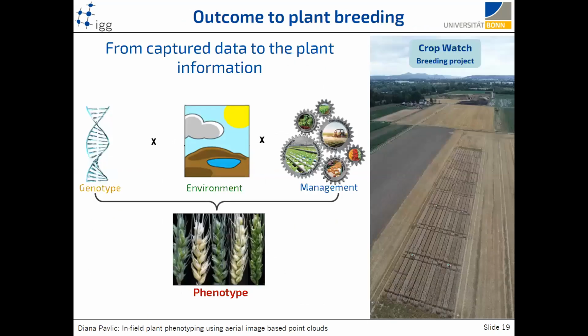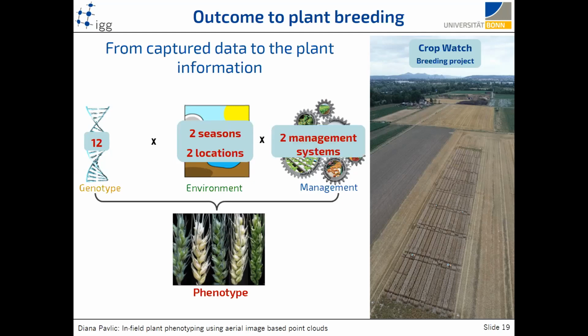Talking about what we can give to plant breeders from our captured data. In our CropWatch project, we had 12 different genotypes, 2 seasons, 2 locations, and 2 management systems.